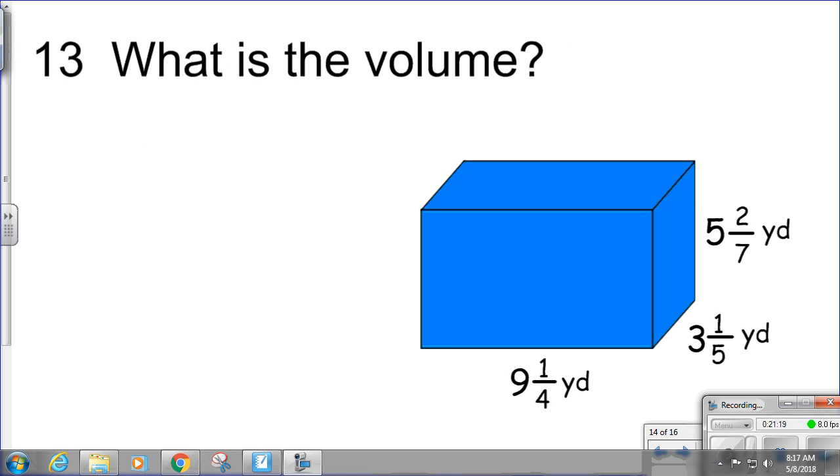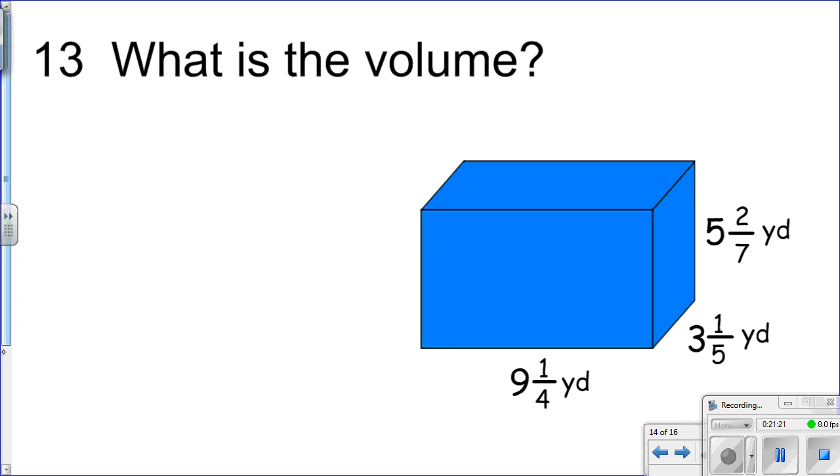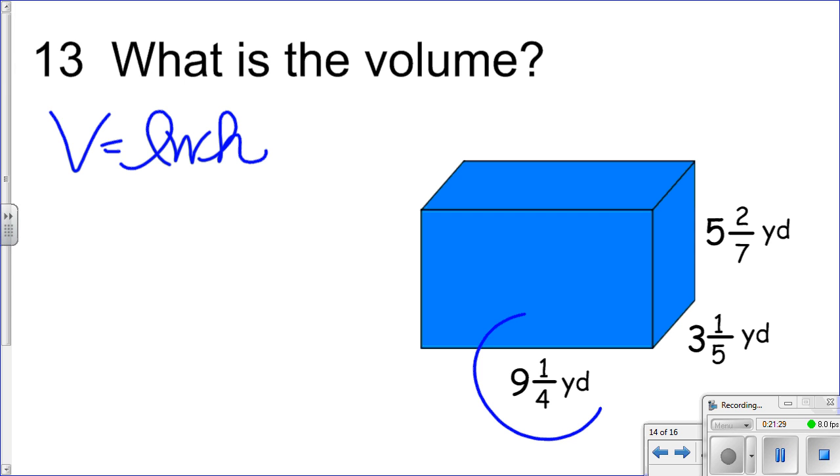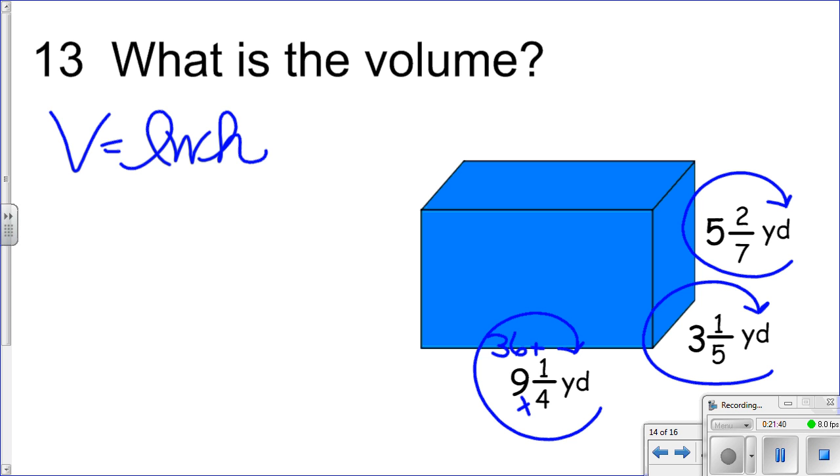Okay, this question is volume. Okay, volume equals length times width times height. Since we're running out of time, I'm just going to show you how you would do this question. First thing you have to do is change all of these to improper fractions. 4 times 9 is 36, plus 1 would be 37 over 4. 3 times 5 plus 1 is 16 over 5.